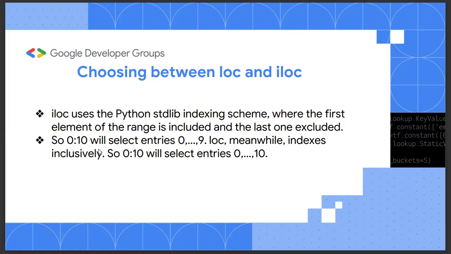So 0 to 10 will refer to 0 to 9. Loc, meanwhile, indexes the last element inclusively. So 0 to 10 will select 0 up to 10. We've already seen that. We won't go back.